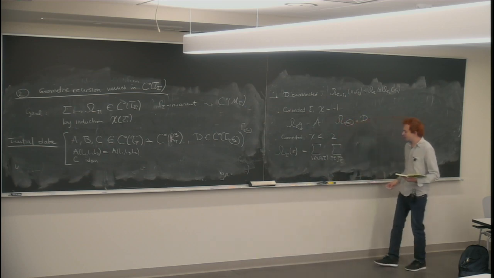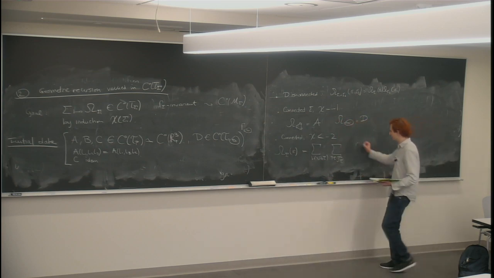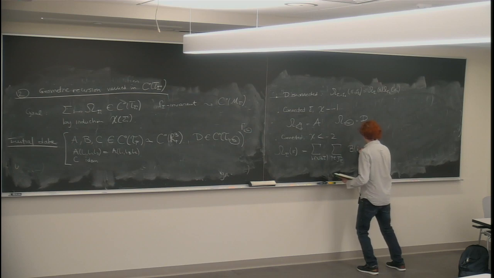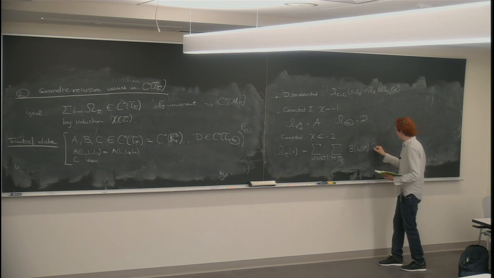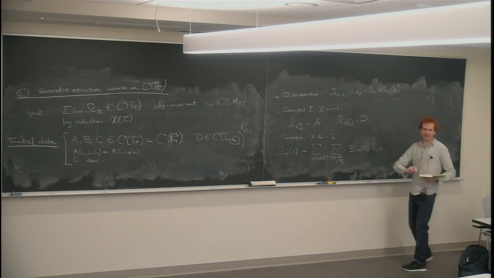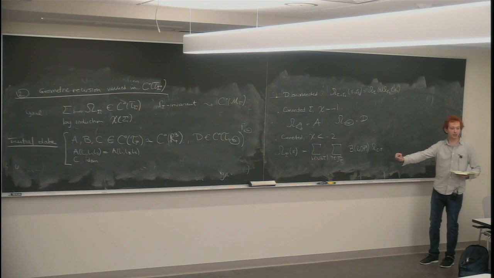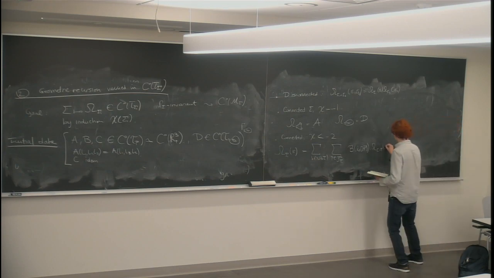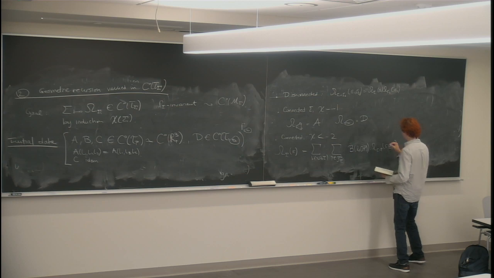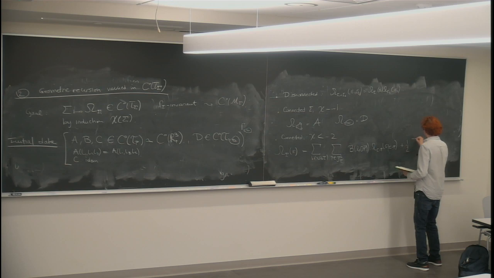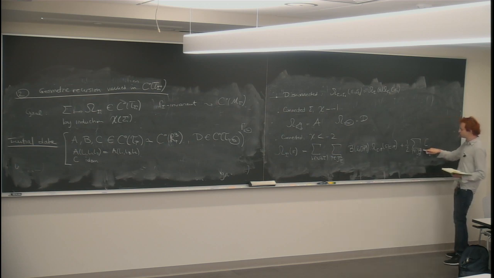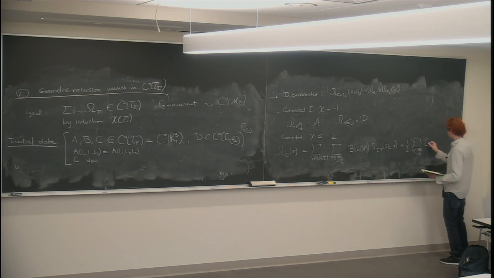And in this case, where the pair of pants has 2 boundaries common with the surface, I get a B, which I glue to omega for the rest of the surface, which I already have by recursion. And that I just evaluate on the restriction of the metric to the rest of the surface. And I do the same for all the other homotopy classes of pairs of pants, but now I use a C when the 2 boundaries of the pair of pants are inside the surface.